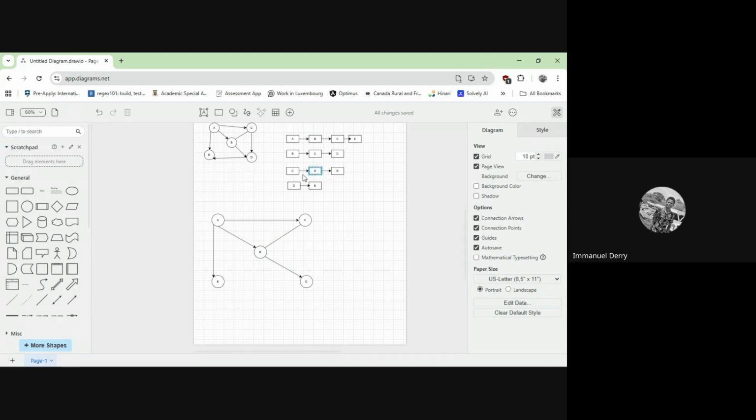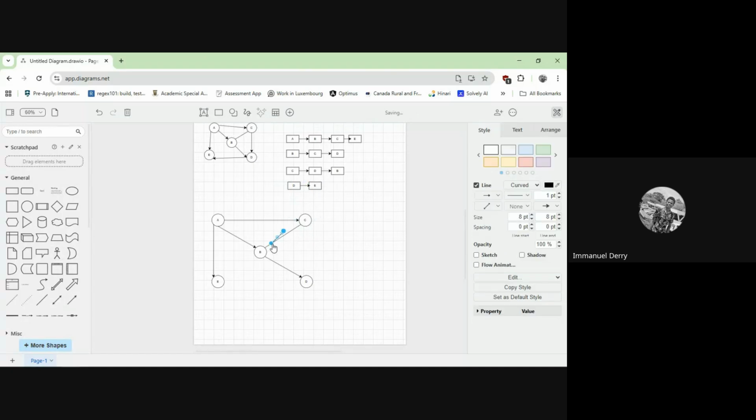Now we move down to C, which is C to D and then C to B. But C to B is already connected here. So that is fine for us. So now C to D is also one directional. So you pick up this.